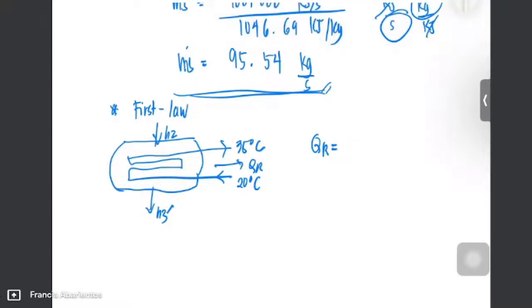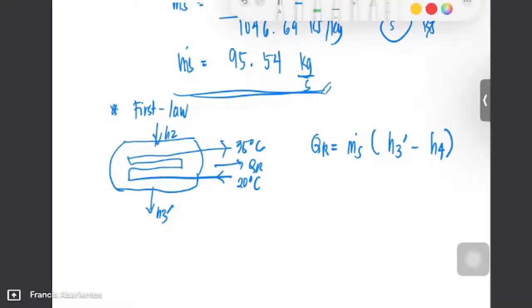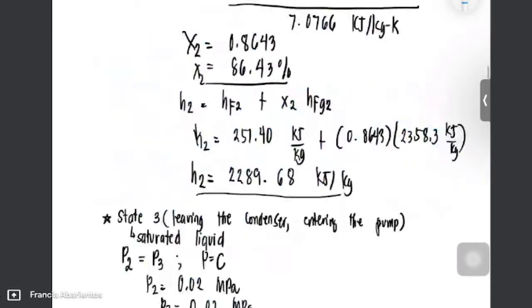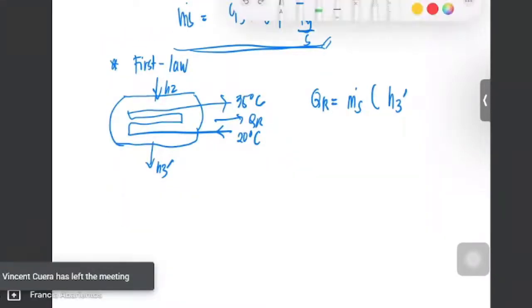We proceed, yung heat rejected natin since given na yung mass of the steam, equal siya sa H3 prime minus the H4. Bakit H4? Bakit H3? Mali. Tama ba?